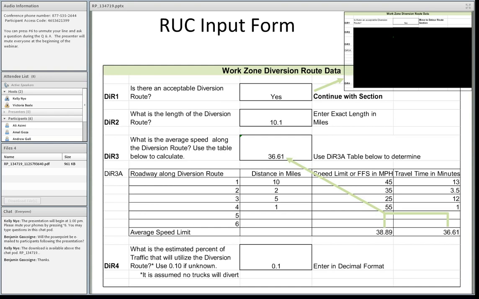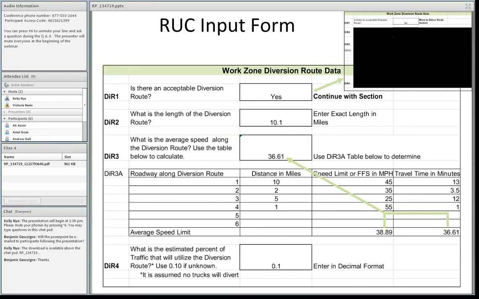It may not just be one. And those different roadways, I have up to 6 listed here, could have different speed limits or free flow speeds and or travel time in minutes that you could use with actual information, or you could obviously map it in Bing or Google Maps to get that information.